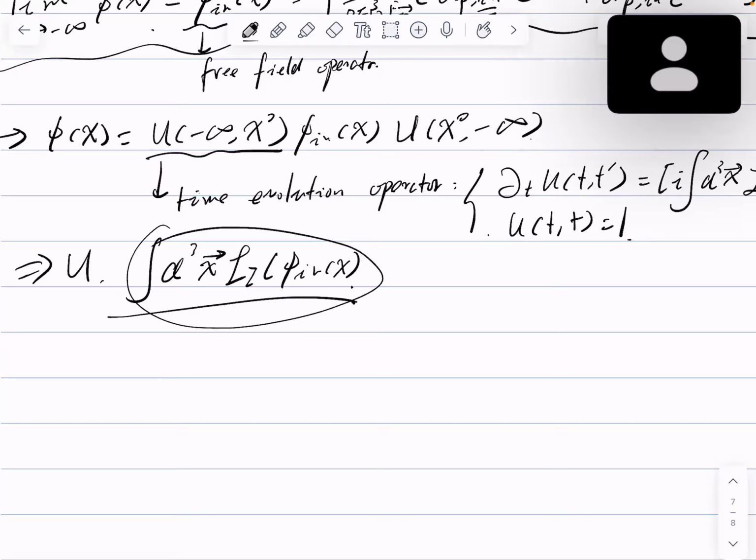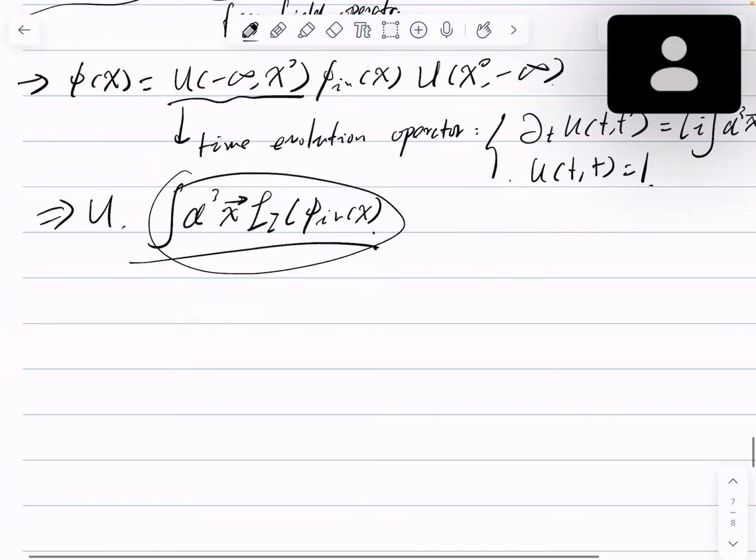So we cannot make a naive solution using the exponential function. The correct way to write the function is to use the time-ordered exponential.